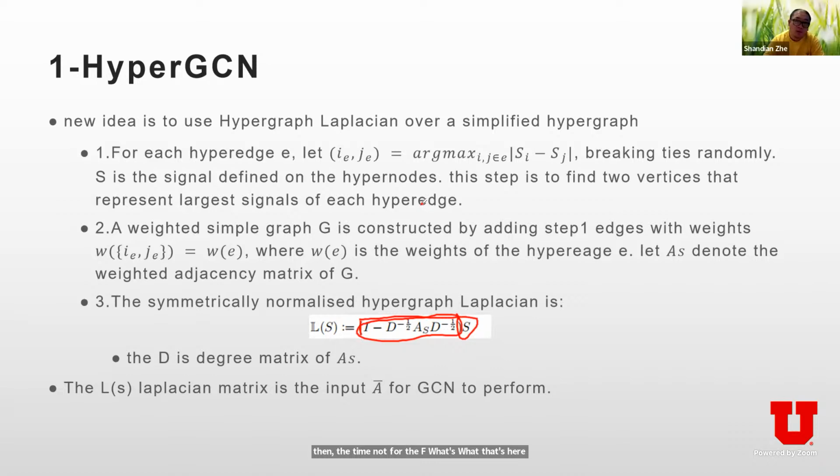According to your first item, S is the signal defined on the hypernodes. So here you're assuming S is a vector, right? Yeah.